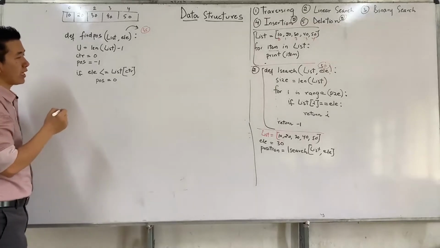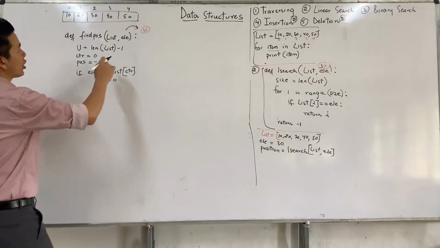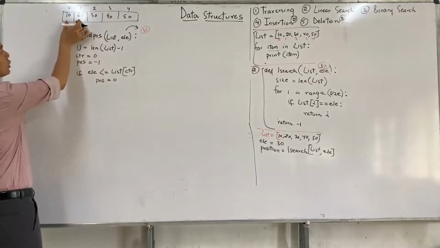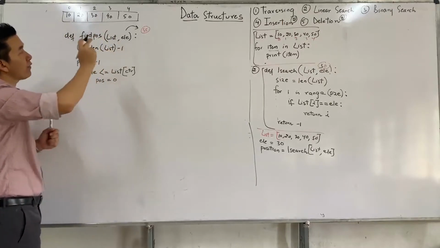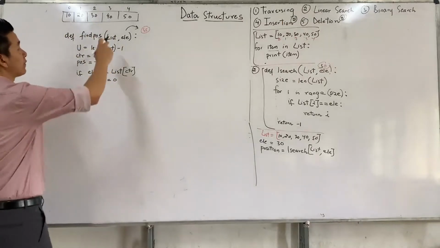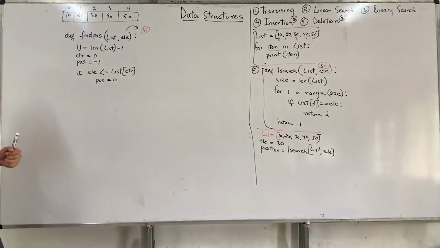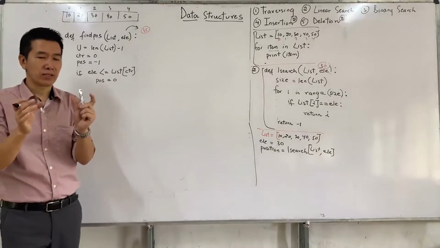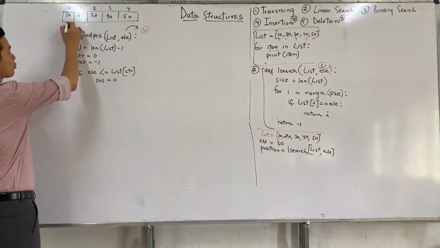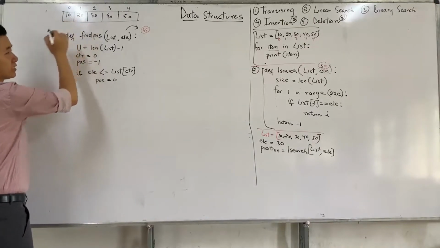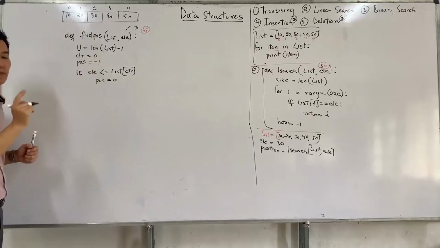Now the next step is I need to run a loop. I need this loop in order to check whether this 35 is in between 0 and 1, if not 1 and 2, if not 2 and 3, if not 3 and 4. If this is the case also, then it has to be the last position. So the condition is going to be like this: if the ELE is greater than this and less than or equal to this, you have to use the AND operator.